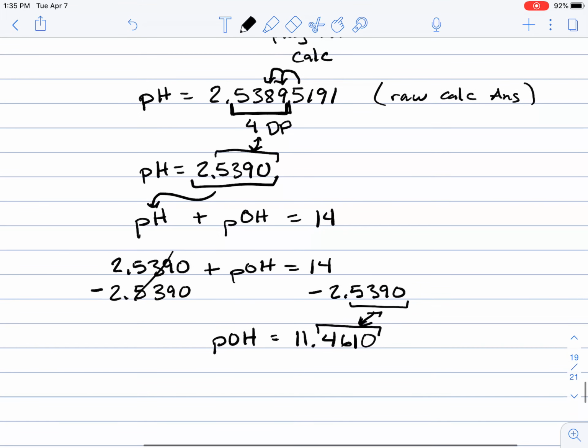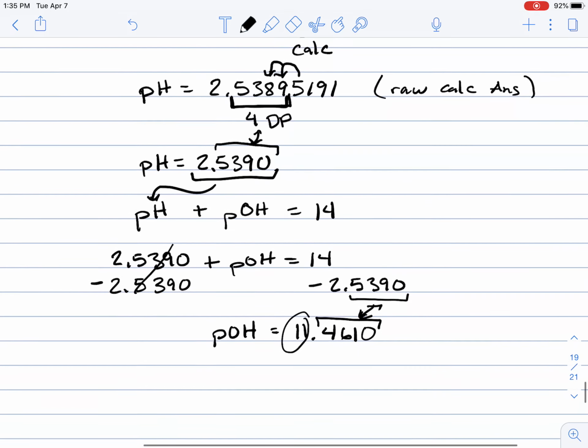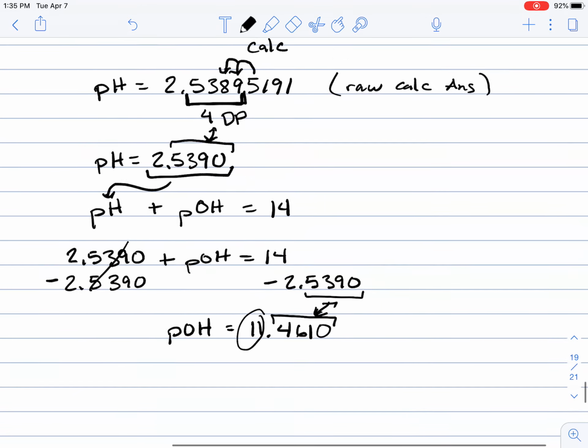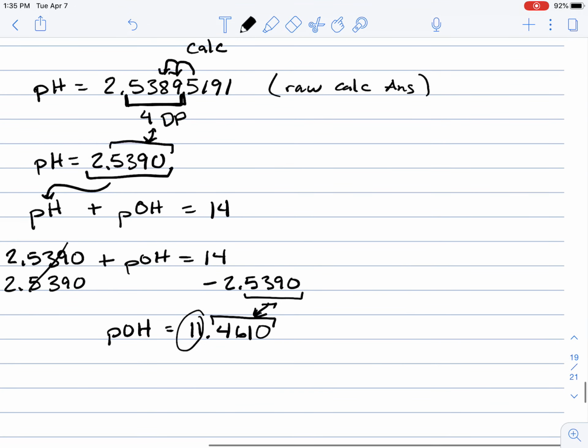And so how come this 11 doesn't count? How come the first 2 digits do not count in terms of significant figures? This comes from the log function. Whenever you take the log of, say, 1.00 times 10 to the negative 4, what happens is that this 4 from the exponent is brought forward, if you will.